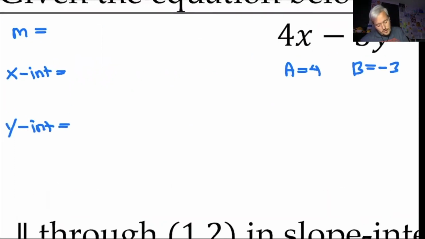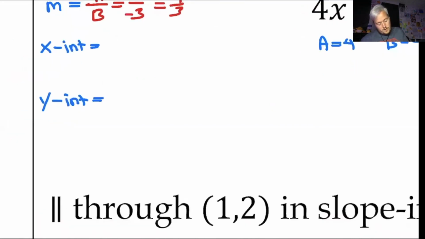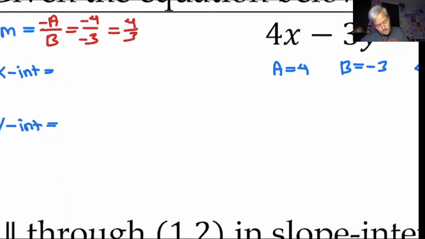So I know my slope is going to be the opposite of a over b, which is going to be -4 over -3, which simplifies to 4/3. All right, now my x-intercept is going to be c over a.